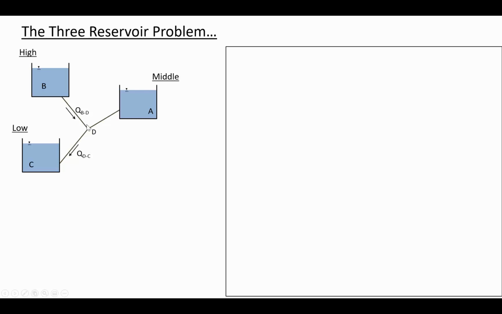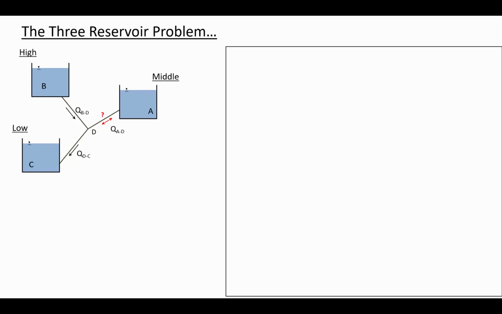So it's the water's flowing downhill. Newsflash, right? And then the same thing is true at this lowest reservoir. It's obvious. We can tell just by looking that the flow is going from the central junction into the tank. But what we're not so sure about is what's going on through pipe AD.